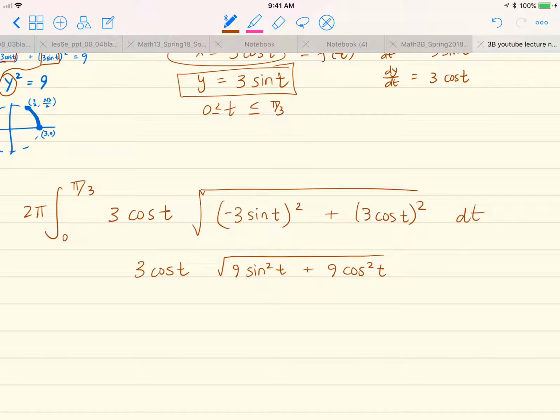I can bring that 9 out, so I'll have 3 times the square root of sine squared t plus cosine squared t. That makes sense, right? So that's going to be 1, so we'll just have 3 dt, integral 0 to pi over 3, 2 pi, and 3 cosine t.